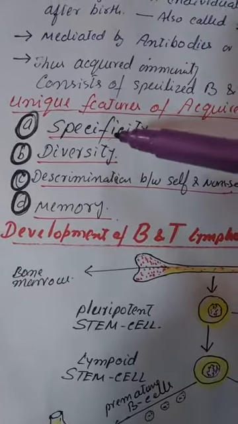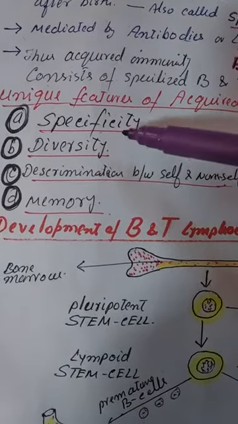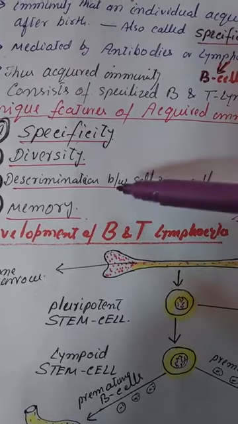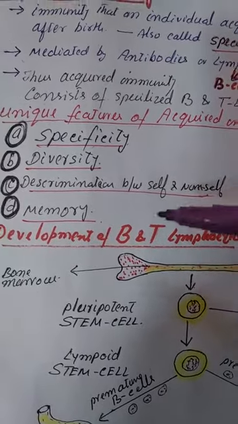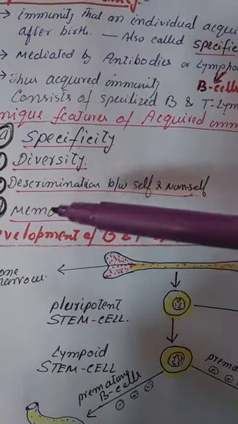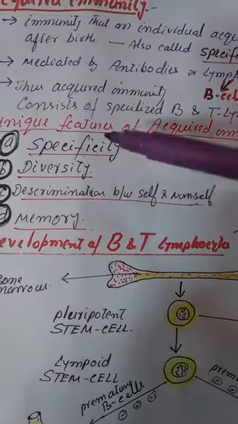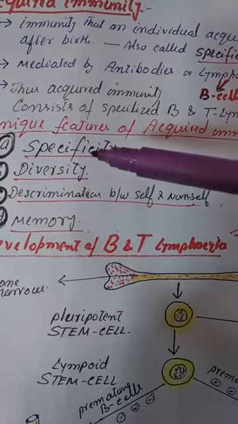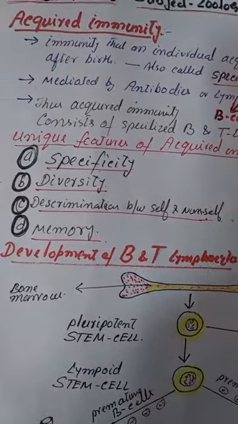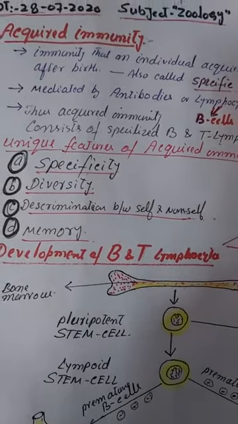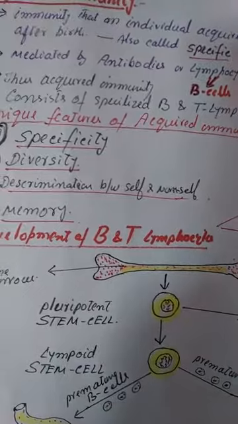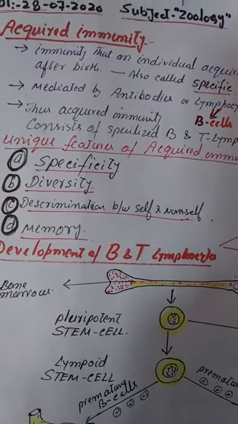That is, number 1, the specificity, number 2, the diversity, number 3, the discrimination between self and non-self, and the 4th unique feature of this immunity is the memory. So the first feature is the specificity. Specificity is the ability to differentiate between various foreign molecules and foreign antigens.